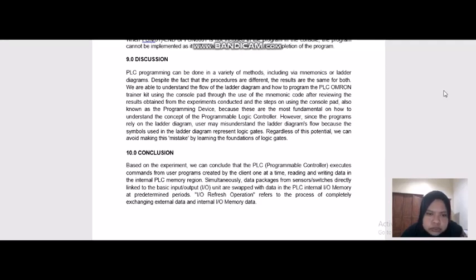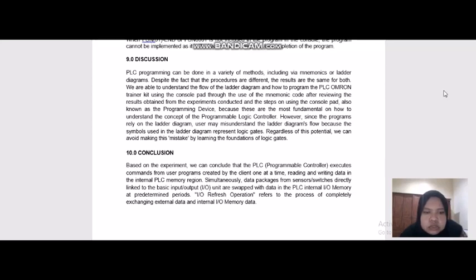However, since the programs rely on the ladder diagram, users may misunderstand the ladder diagrams too because the symbols used in the ladder diagram represent logic gates. Regardless of this potential, we can avoid making this mistake by learning the foundations of logic gates.